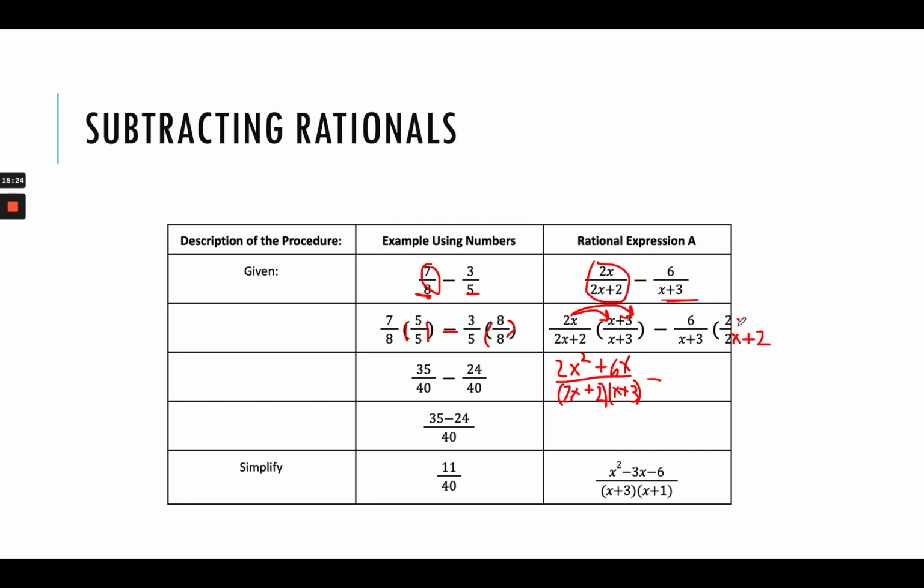And this is also 2x plus 2. Sorry, that got cut off, so make sure you do that, because this denominator is 2x plus 2. Okay? Well, 6 times 2x is 12x. And 6 times 2 is 12.